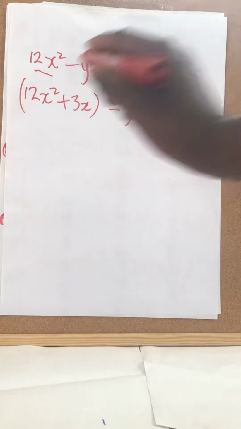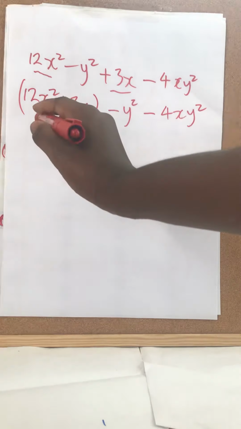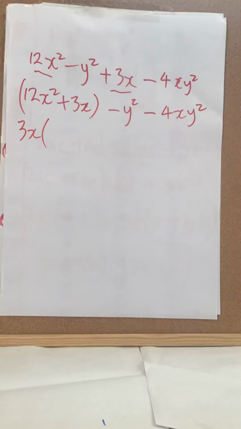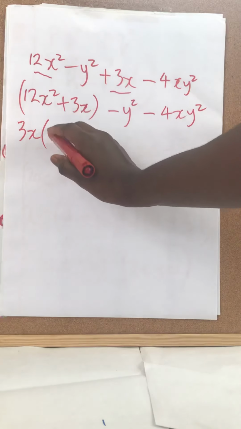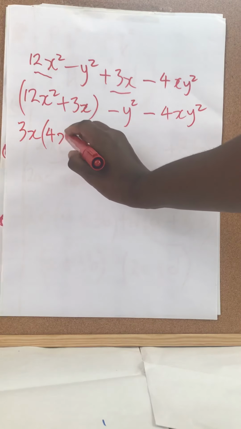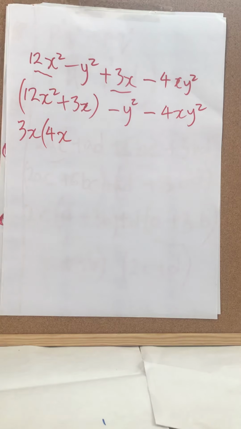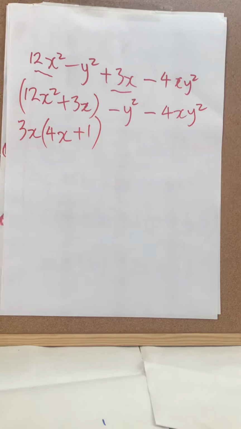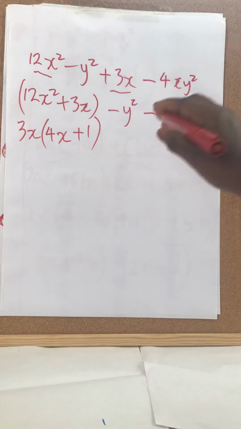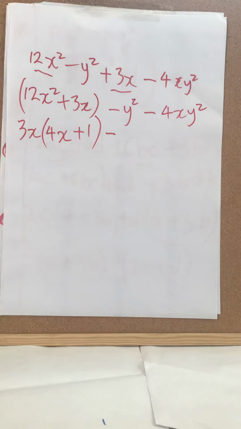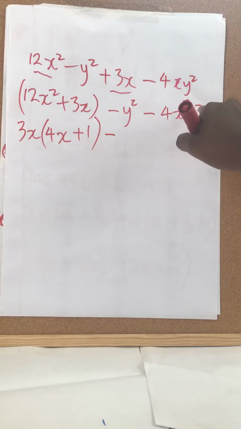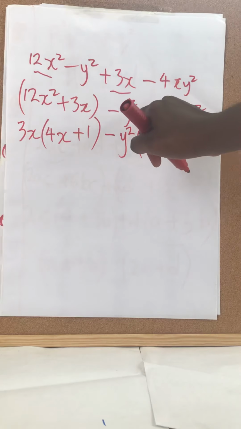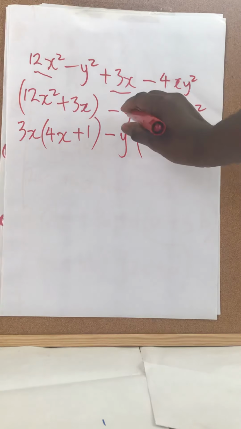So I'm going to do 3x, because 3x is common, 4x plus 1. Now, look at this. Minus. What is common here? Y squared. If I take out the y squared, I'm going to have 1 left.